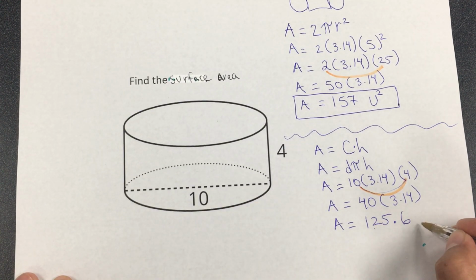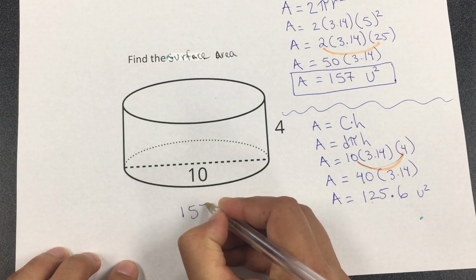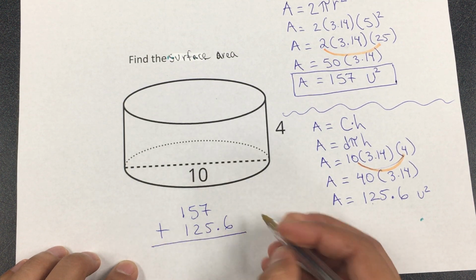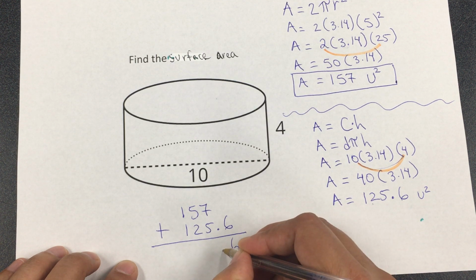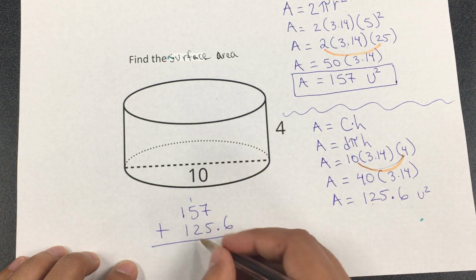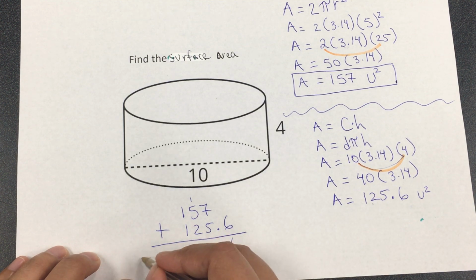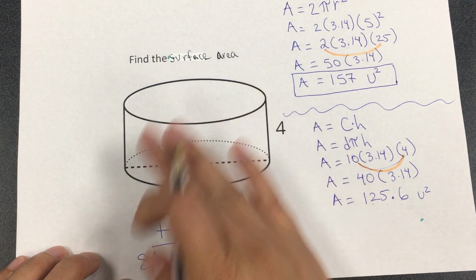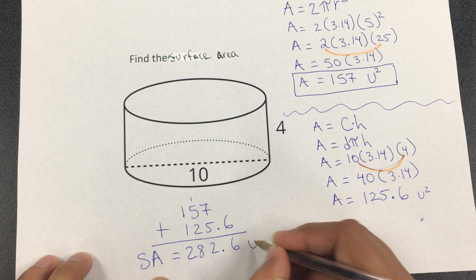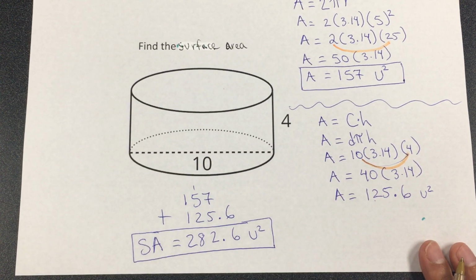Okay, so 157 plus 125.6, we add them together, so it's going to be 6, decimal point, 2, carry the 1, 8, and we have 2. So the surface area of everything is 282.6 square units. Remember, for area, any type of area is going to be squared.